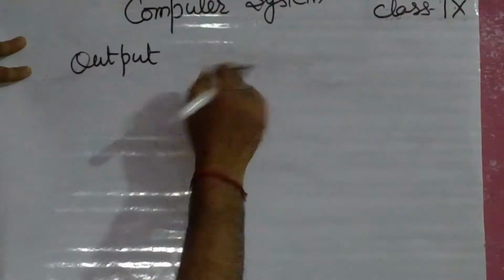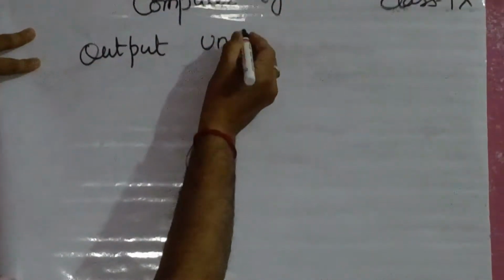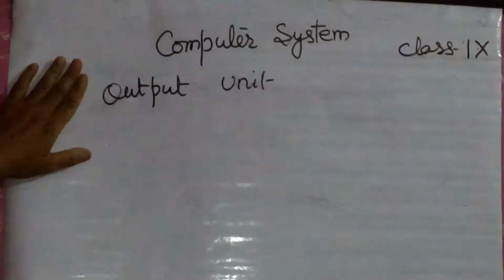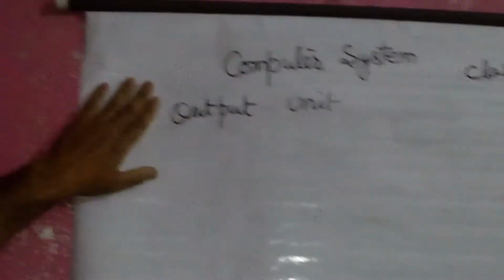Output device, or we can say output unit. We will learn about CPU in later classes. After our input unit, we have to learn output unit, then we will learn central processing unit.